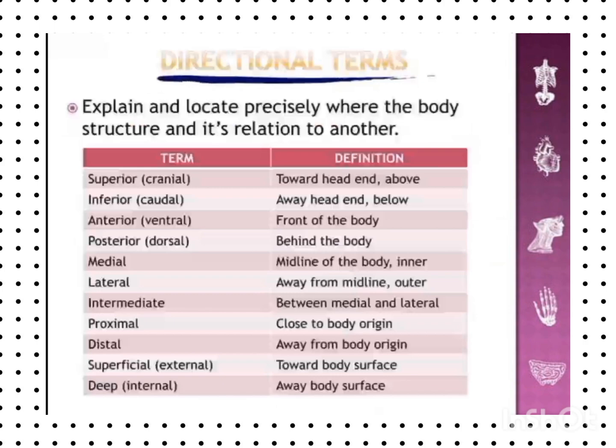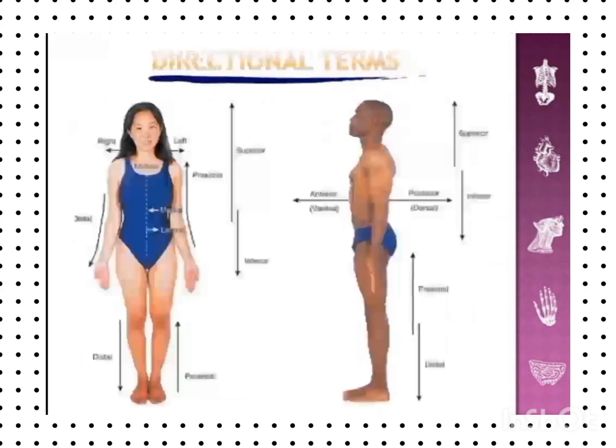When you have the mid-sagittal, you are dividing into two equal halves, and when you take one half and divide it again, you have what is called a parasagittal plane.